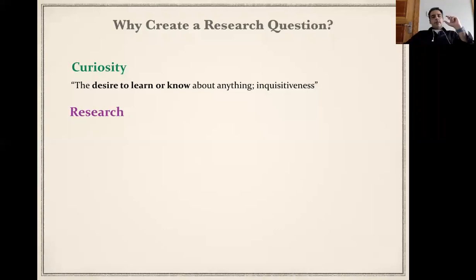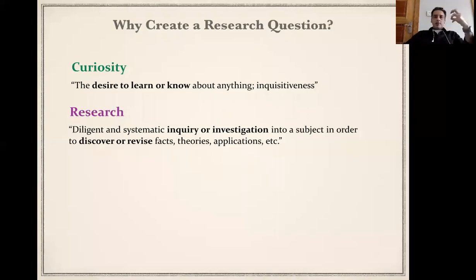Then the second part comes: your research. Once you have this desire, it's a systematic inquiry or investigation into that specific subject area where you think revision has to be done, or where you think there is a gap that can be addressed. Because if something already exists and is functioning properly, there is no point repeating it, and nobody would buy that, because anything new would be sold.